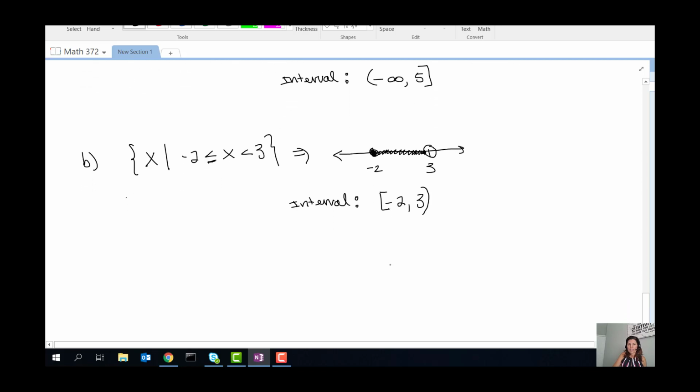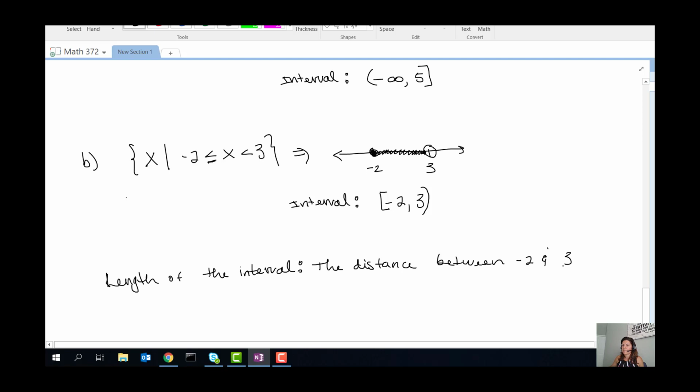And so this is our set builder notation and interval notation. From here I could ask you all kinds of things like, what is the distance? What is the length of that interval? The length of the interval is essentially the distance between -2 and 3.